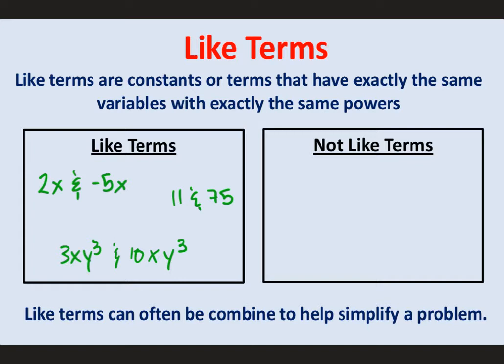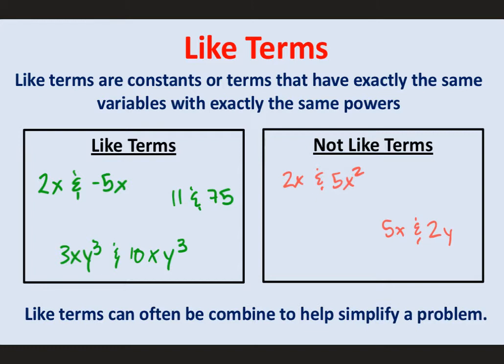Here are things that are not like terms, but often confused for like terms: things like 2x and 5x squared. We cannot combine those together. Other things that are often confused as like terms are maybe 5x and 2y.